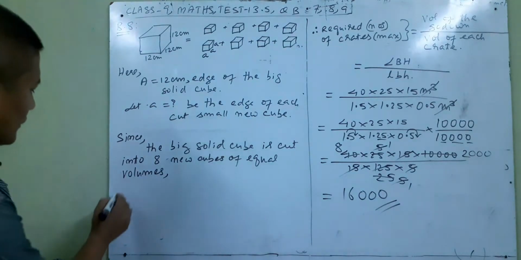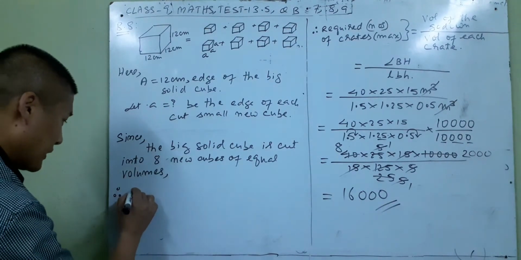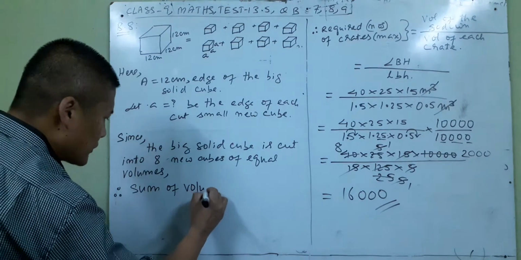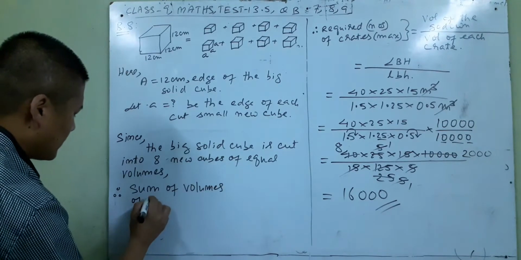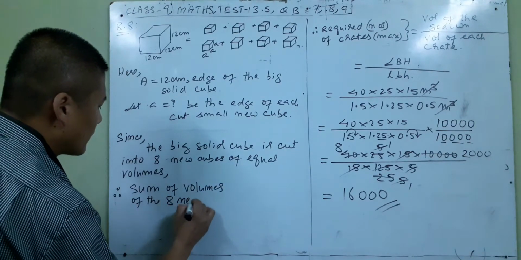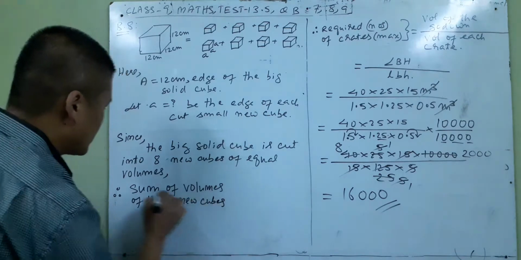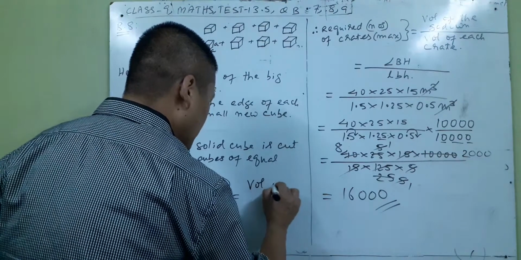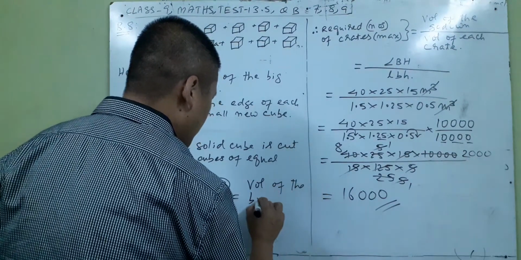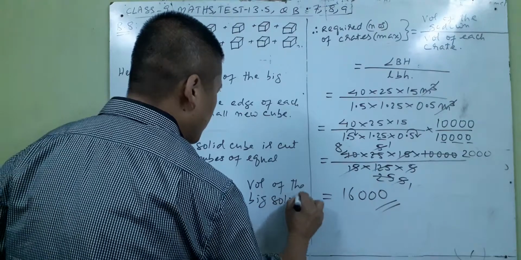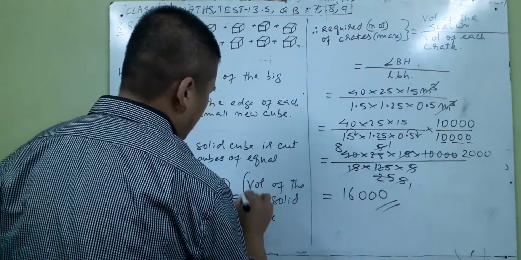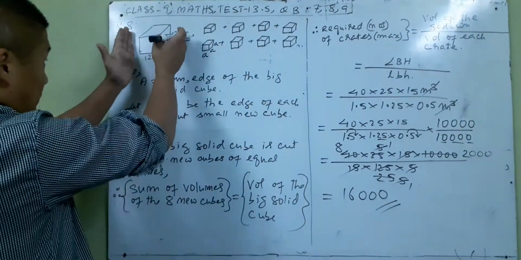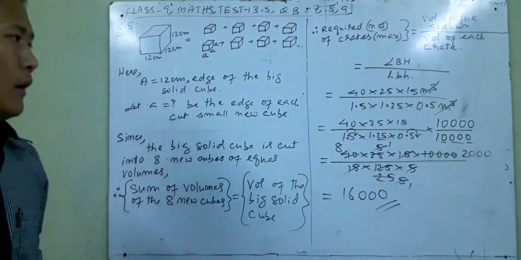So we can assume here, common sense, sum of volumes of the 8 new cubes, which are solid in fact themselves, will be exactly equal to volume of the big solid cube, or big cube. That also is enough. So that means these 8 volumes put together on the left side equal to this on the right side, volume of the big cube.